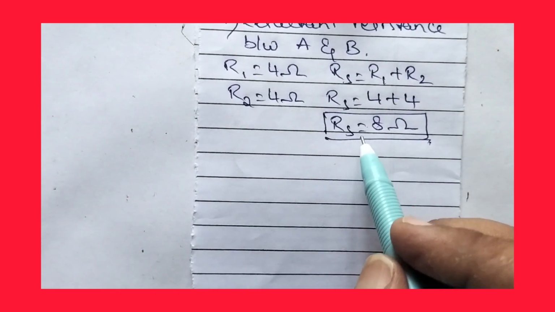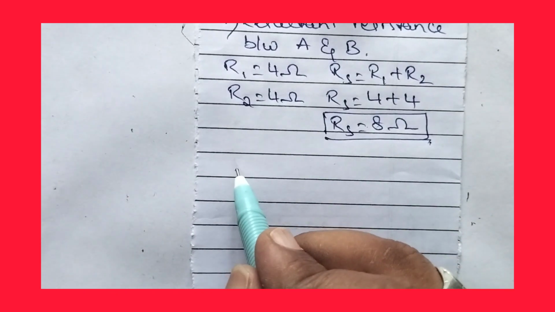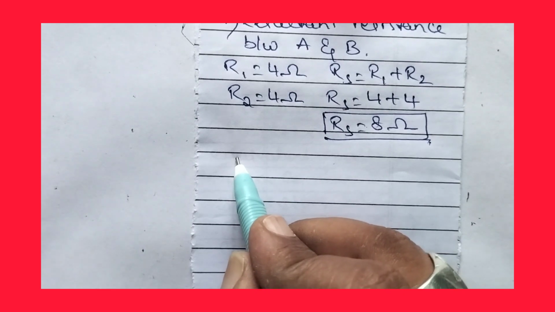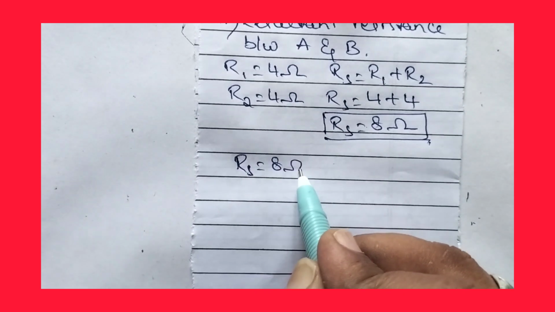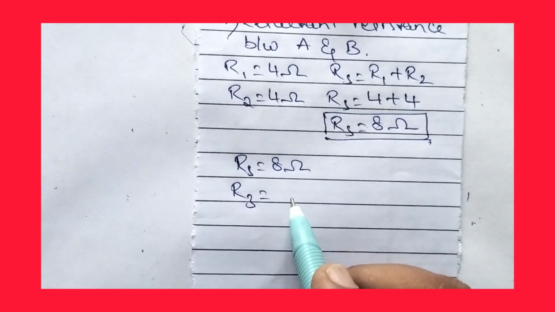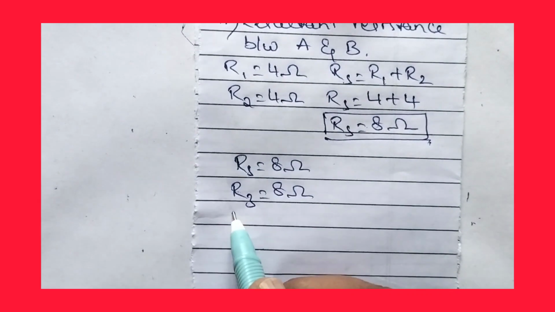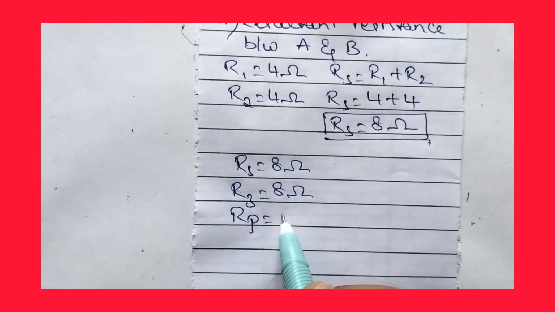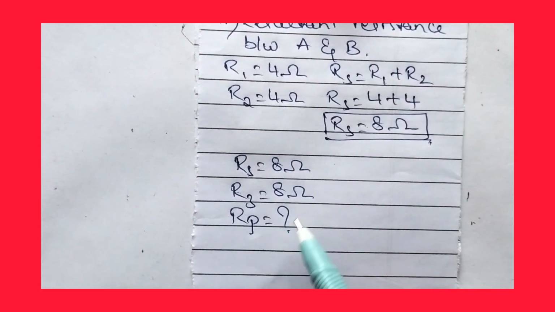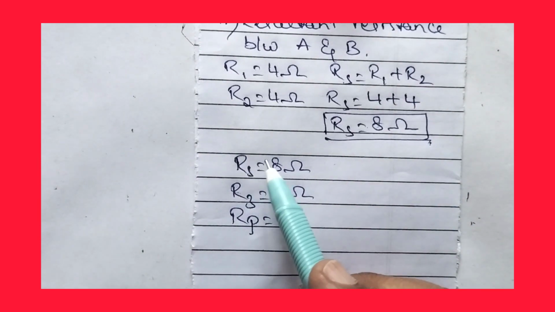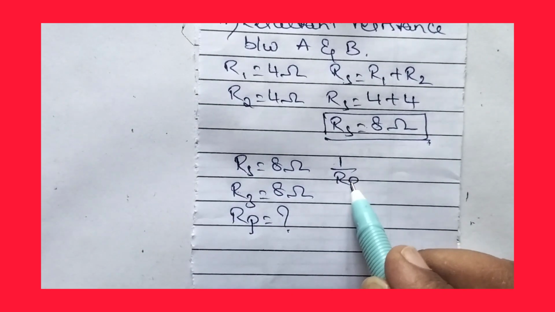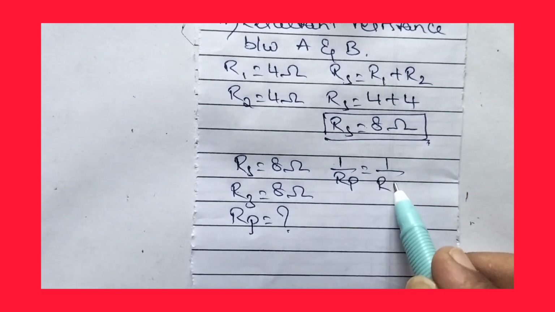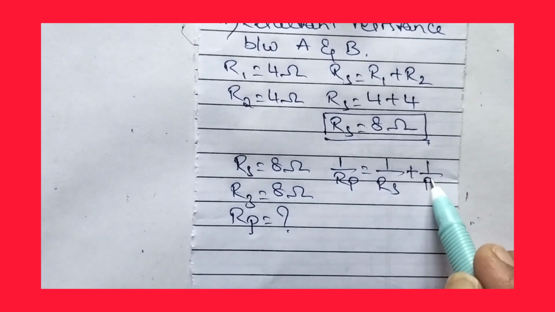Now, since R3 is parallel to R1 and R2 in series, RS is equal to 8 ohm and R3 is equal to 8 ohm. Now we have to calculate the resistance when they are connected in parallel. 1 over RP is equal to 1 over RS plus 1 over R3.